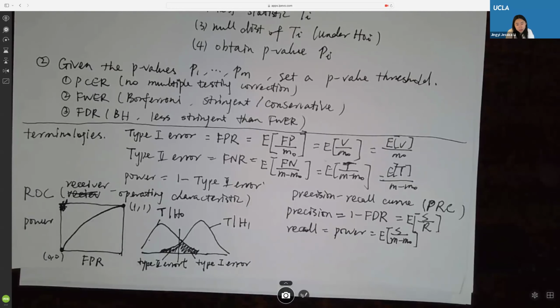What makes precision recall more desirable than ROC is when the two classes, the positive class and negative class, are very imbalanced, which means that you have one class that clearly dominates. So one class has 90% of the chance and the other class has only 10%.